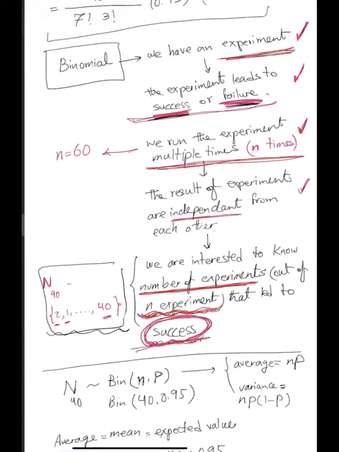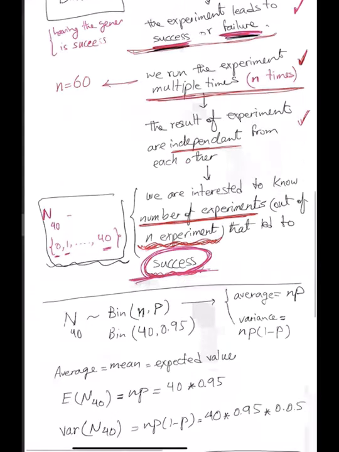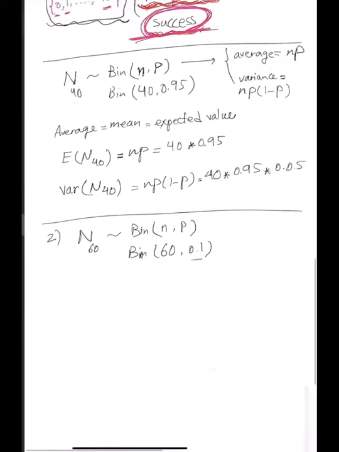You define what success is. Here, success is having the gene, and that probability, as the problem statement has given, is 0.1.